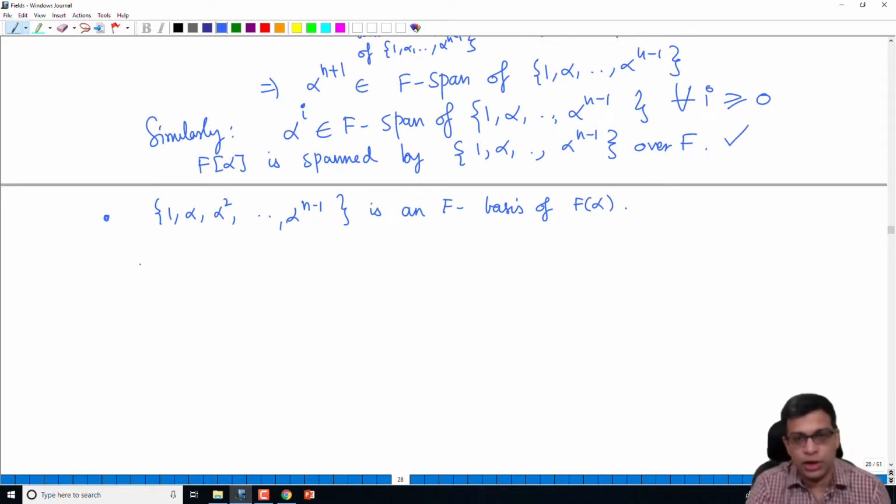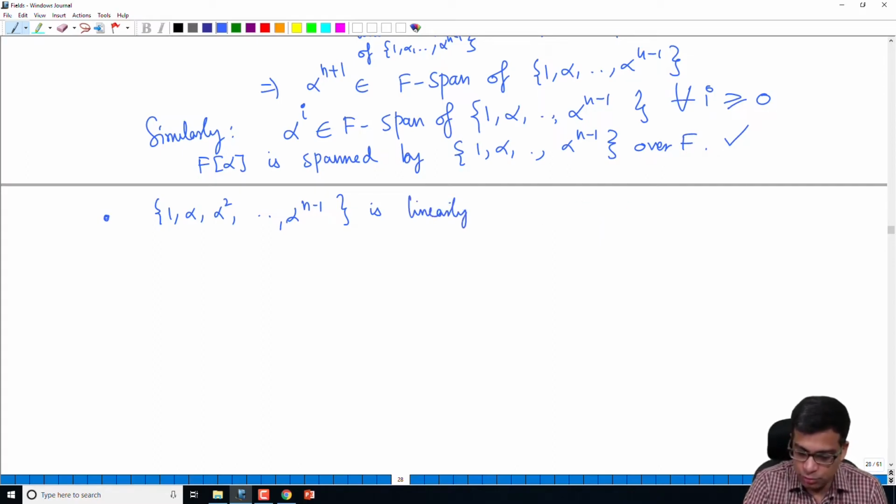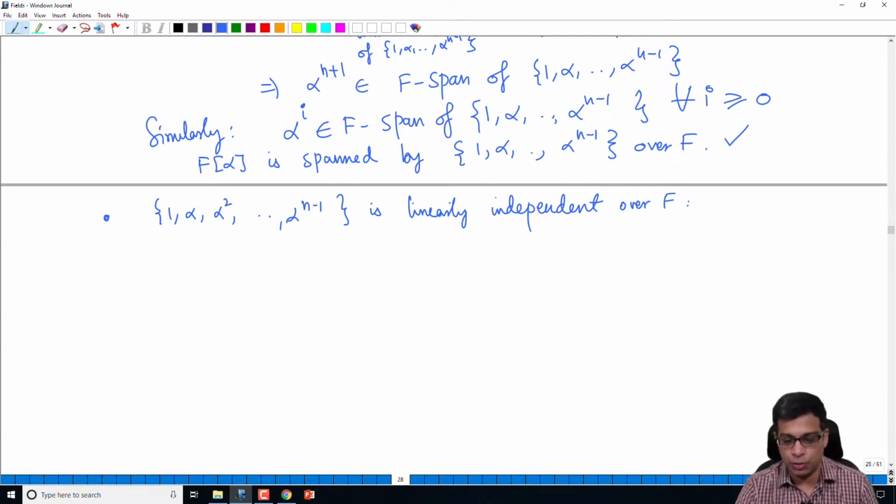Actually, sorry, I will write it as: is linearly independent over capital F. It is also an F-basis, but we are trying to show both the parts that constitute a basis. We showed that it spans, and now we are showing that it is linearly independent. So let us take a linear combination, and we want to show that if that linear combination is 0, each coefficient is 0.